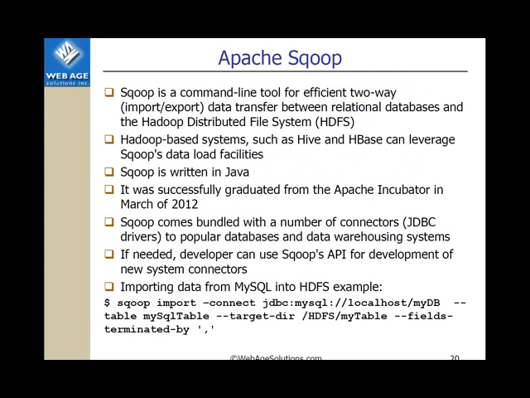Of course, you need permissions to access, and you specify the target location on HDFS. It's important at this point to tell the system what the delimiter for the fields will be. You should be aware that if there is a comma in a particular column of your MySQL table, then it will be a problem.